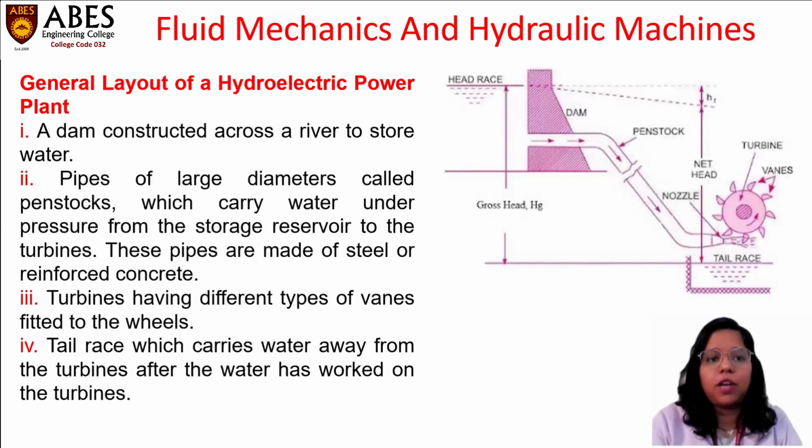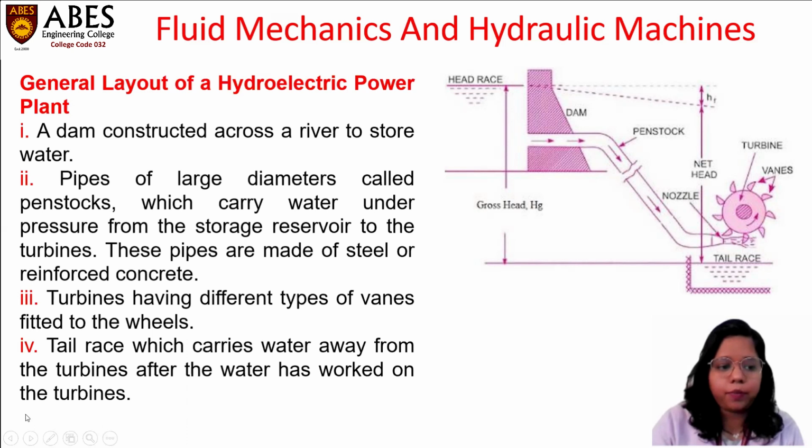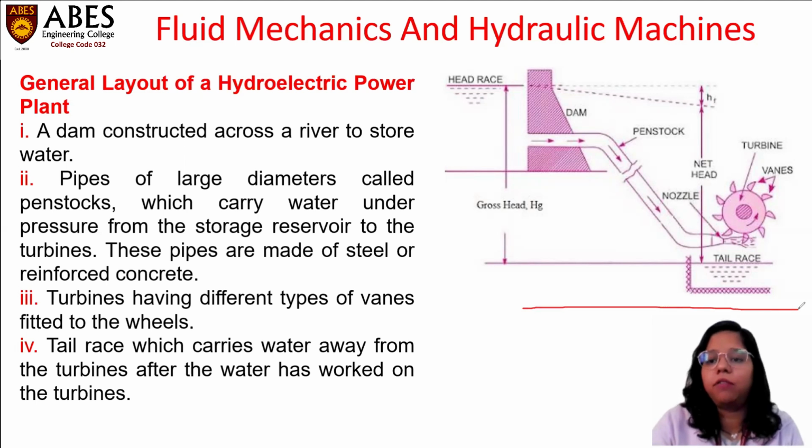So here a general layout of a hydroelectric power plant is given. We can see in the figure the hydroelectric power plant. This is a general layout of a hydroelectric power plant.